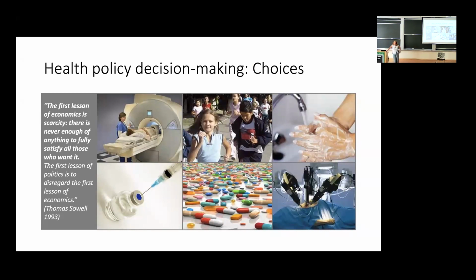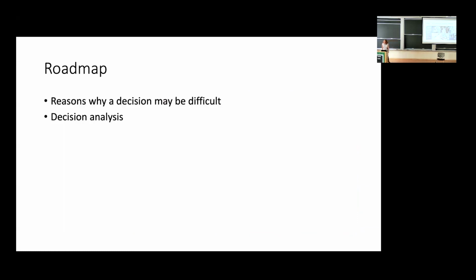So very, very big types of decisions with a lot of things that go into them. What I want to do today is talk a little bit about reasons why some decisions are difficult, and how decision analysis can help with that.